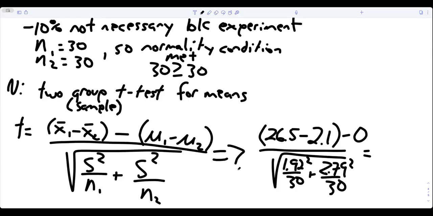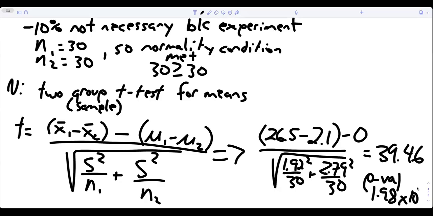Whatever, here we go. My T value here is 39.46. My P value is 1.98 times 10 to the negative 40, which is 0, of course. And let's go up here to my decision rule so that we don't lose points, right?